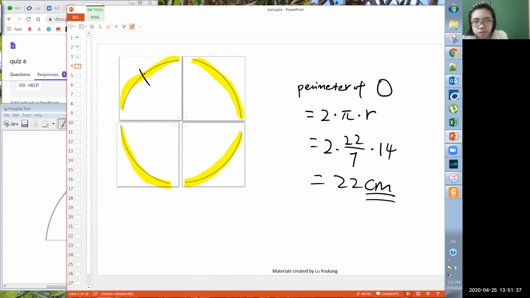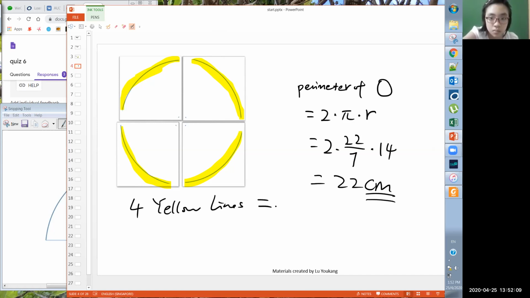So can you see this 4 line, what do you do? I just want one of them. For the full circle, how many yellow lines do you have? Count. 4. Okay, 4 yellow lines is the full circle, right?